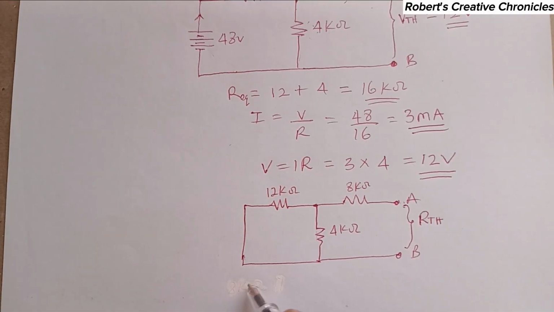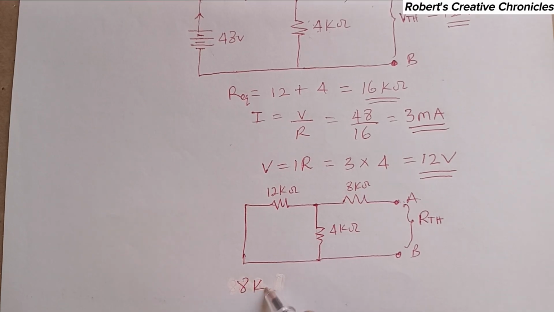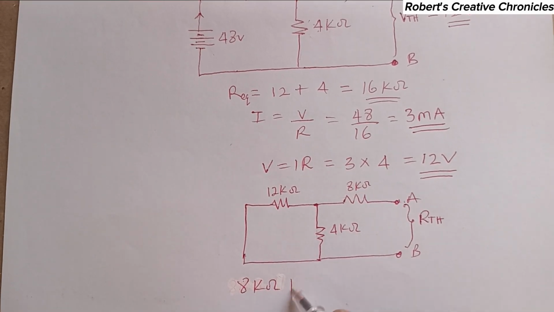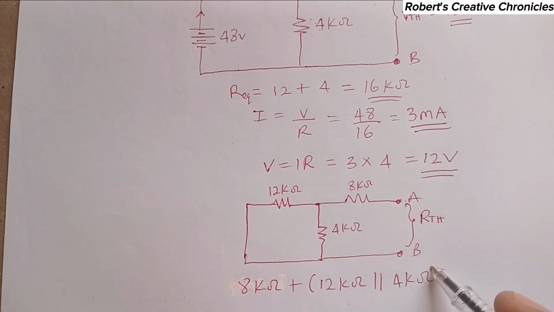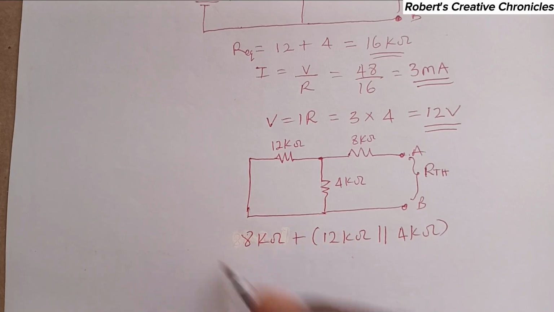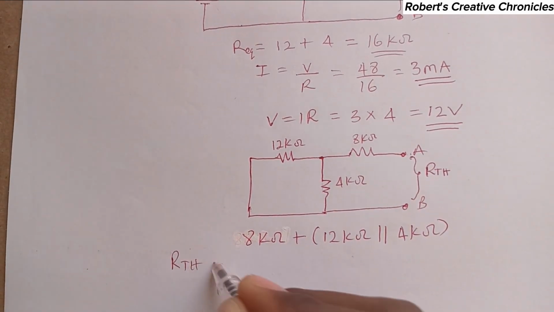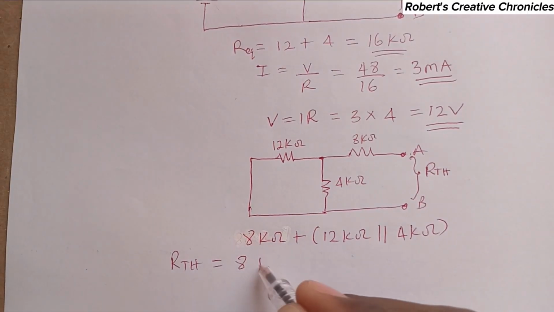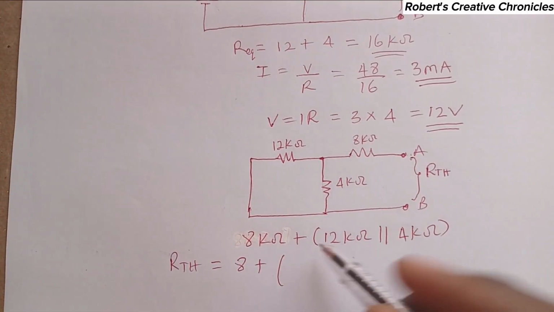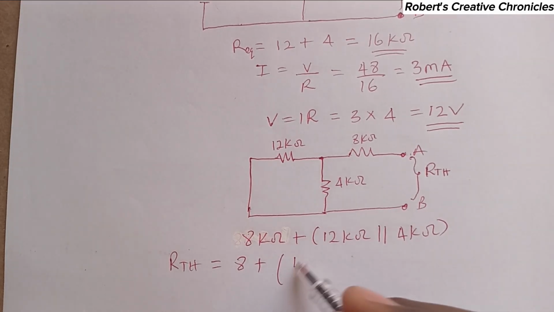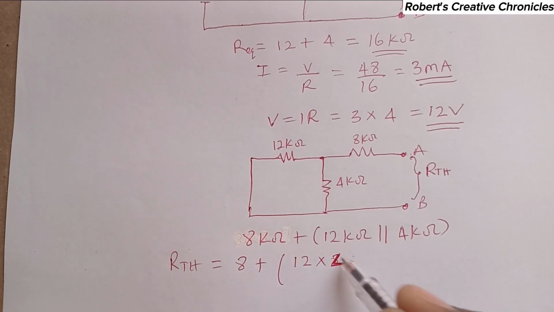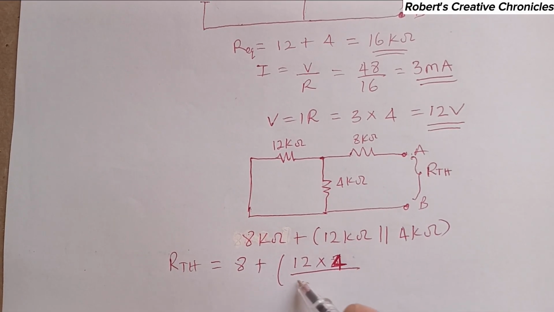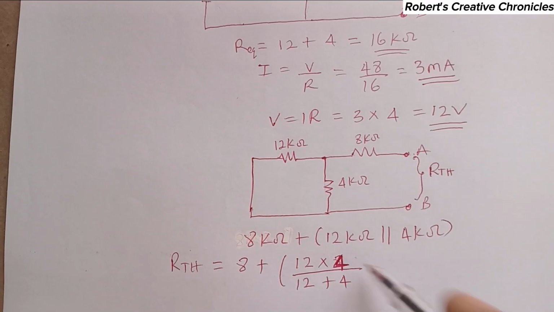So this will be 8 kilo ohm plus 12 kilo ohm parallel to 4 kilo ohm. So now the Thevenin resistance will be equal to 8 plus, since there are two resistors in parallel, product over sum, 12 times 4 over 12 plus 4.